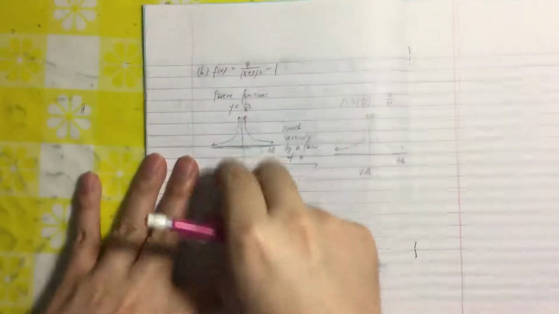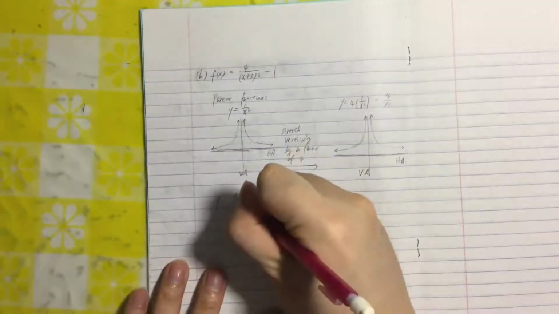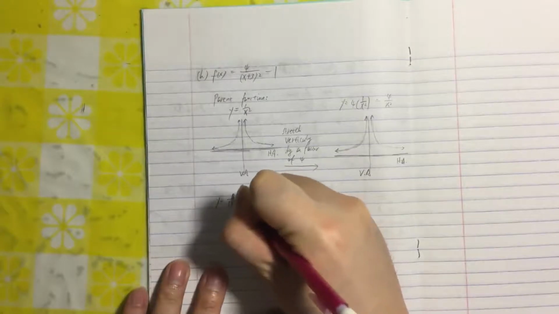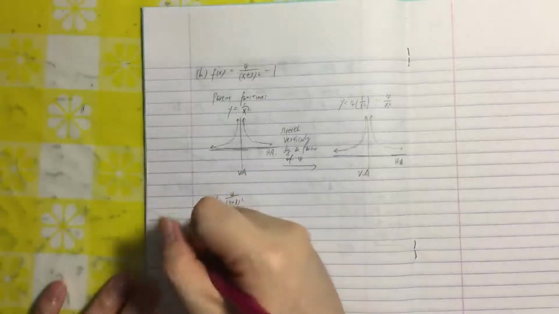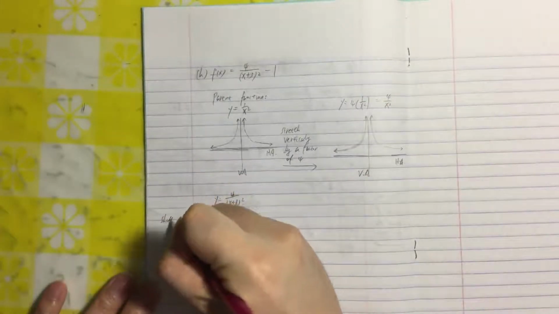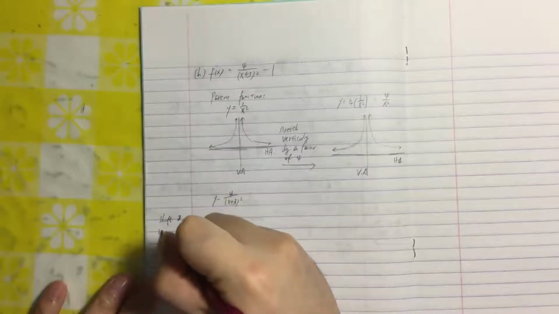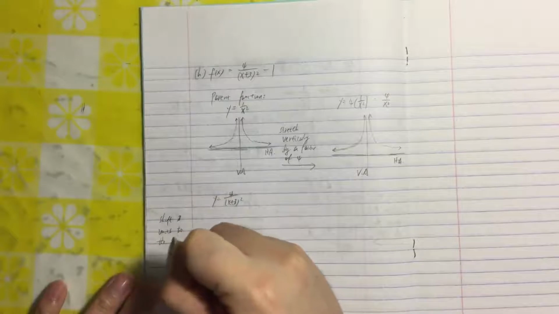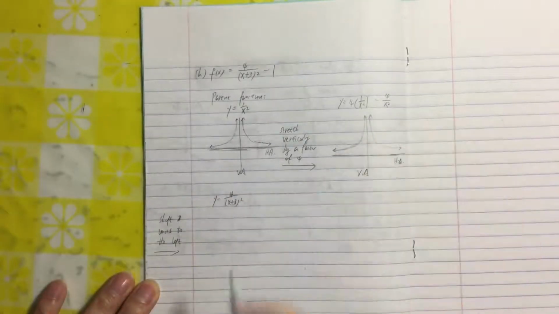Shift the curve 3 units to the left side. When we add 3 to x, shift this graph 3 units to the left side.